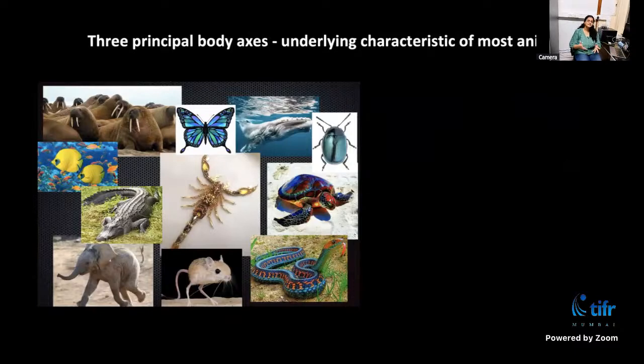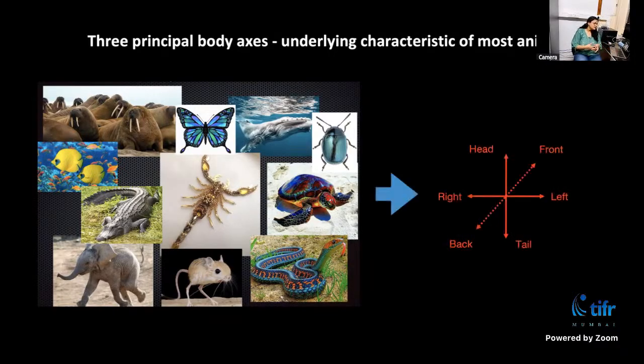Now, again, if you look at animals around you, they are very different in terms of their shapes, their sizes, and their forms, and so on. But if you again go back, they have a very similar characteristic, where, as Sundar also explained, all of these animals can be divided into three characteristic body axes.